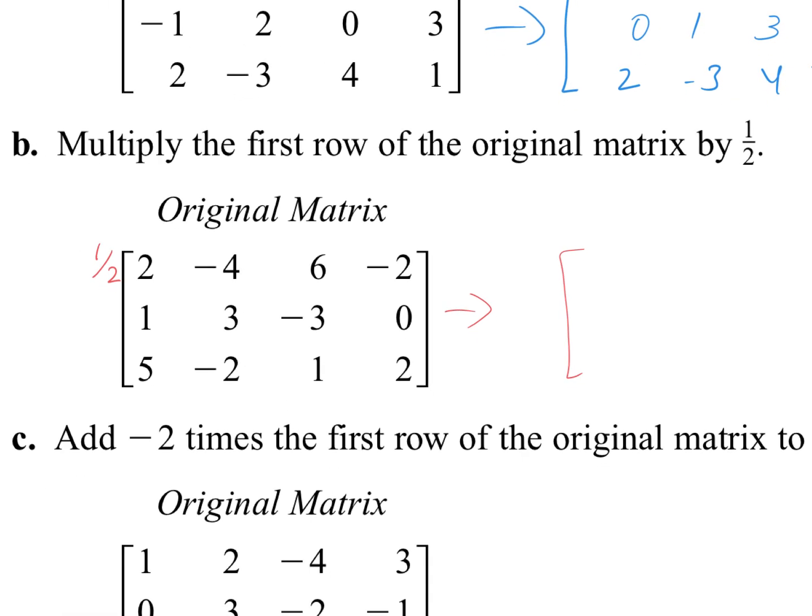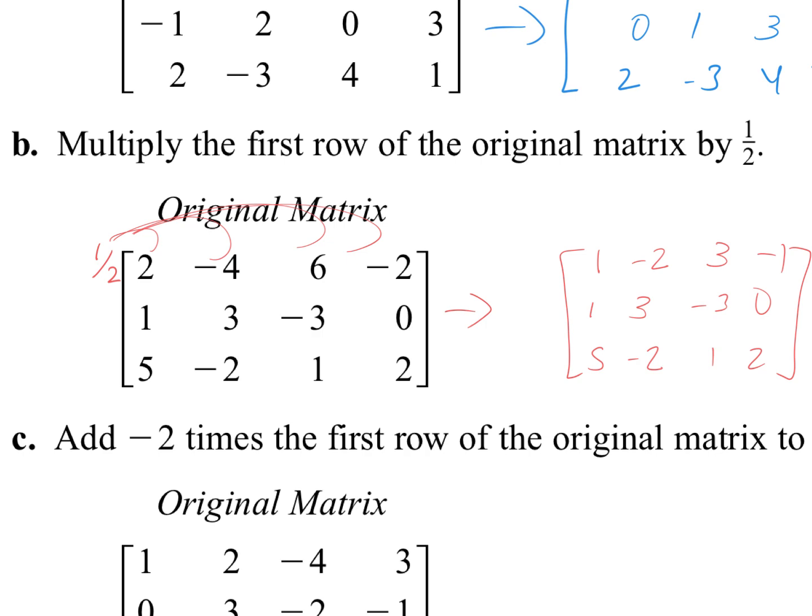I'm just going to rewrite them. I have 1, 3, -3, 0. 5, -2, 1, 2. The only thing that's changing is that first row. So if I multiply everything here by 1/2, I'm dividing by 2. So I have 1, -2, 3, and -1. Correct? You guys with me?